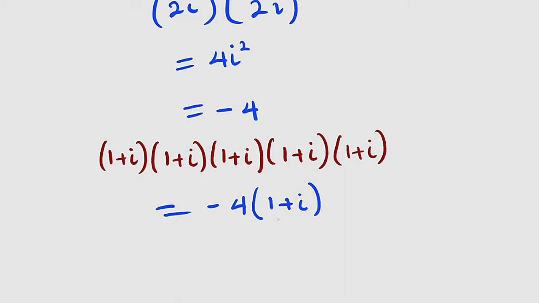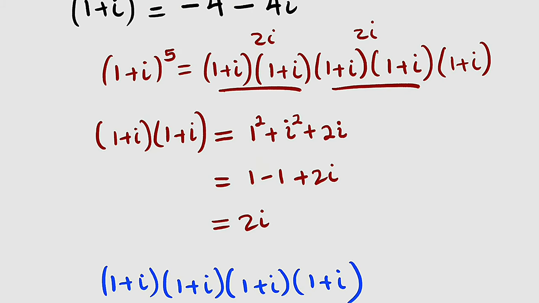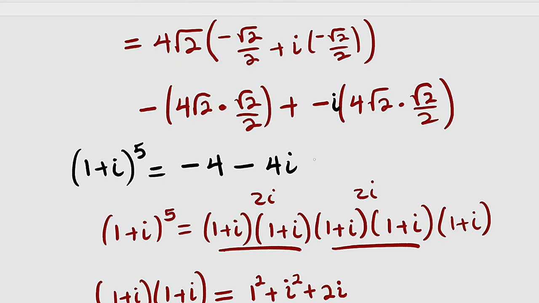By doing so, negative 4 times 1 is negative 4, and negative 4 times i is negative 4i, which implies that z to the power of 5 is equal to negative 4 minus 4i, which is exactly the same thing as using Moivre's theorem to expand z to the power of 5. So since we have seen that it is applicable, subsequently we're not going to be using this normal expansion. We'll be applying Moivre's theorem to expand our complex numbers.